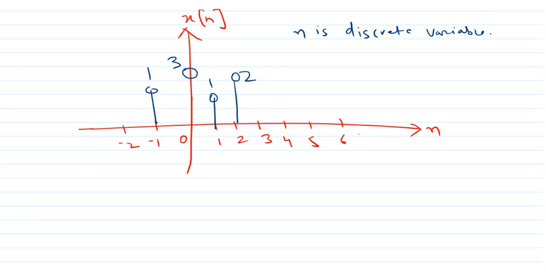Now we have another classification. The next classification is real and imaginary signal.